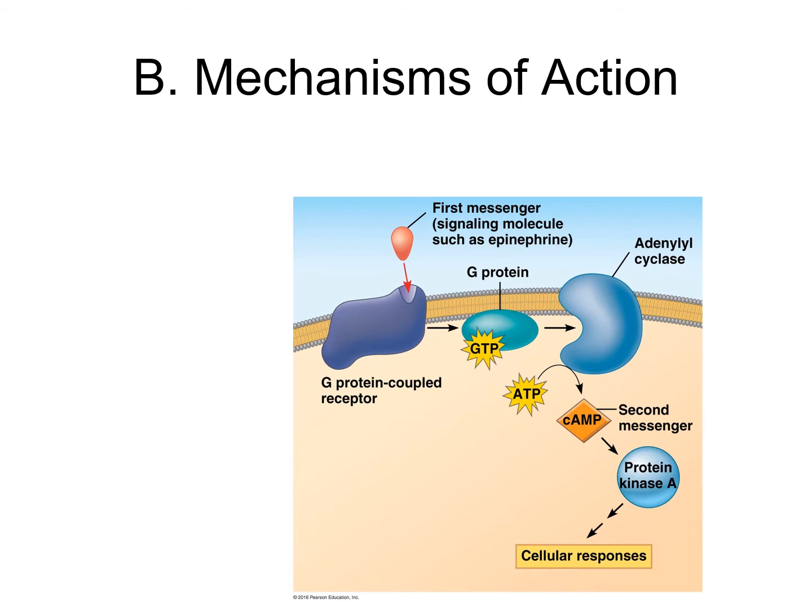Mechanism number 4 is kind of a mashup of the last two. Our second mechanism involved G protein activation and the binding of a G protein to a membrane-bound enzyme. That's happening here. Example number 3 involved an internal molecule becoming active, a transduction pathway.